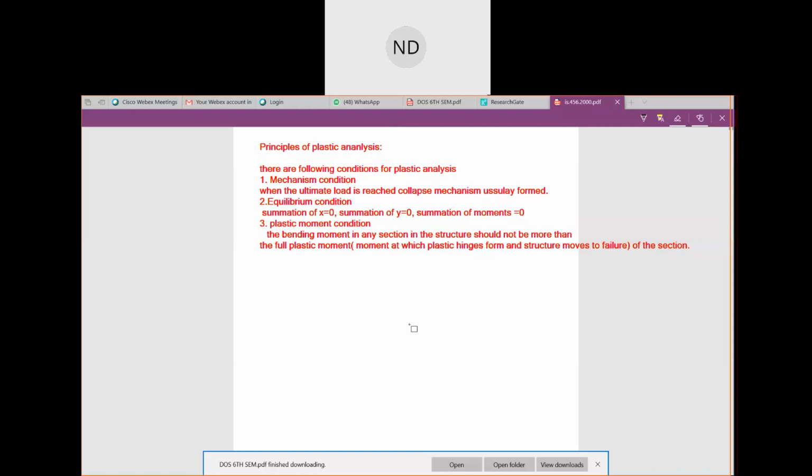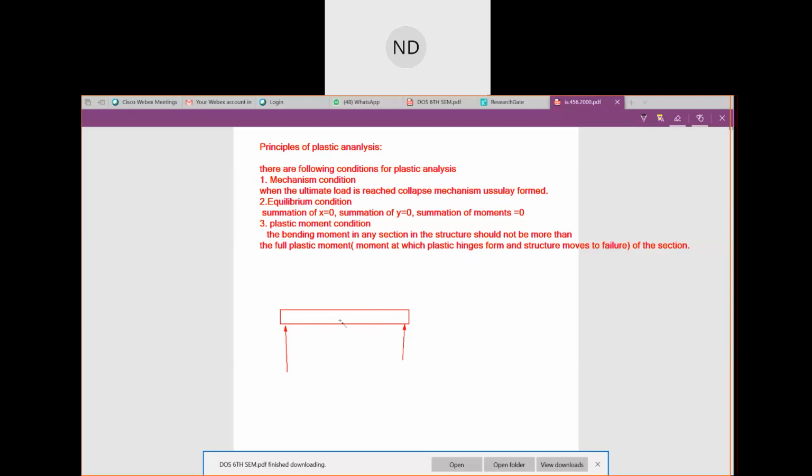When you have this simply supported beam and you apply a load here, it will start the bending moments and the stresses will also be increasing.